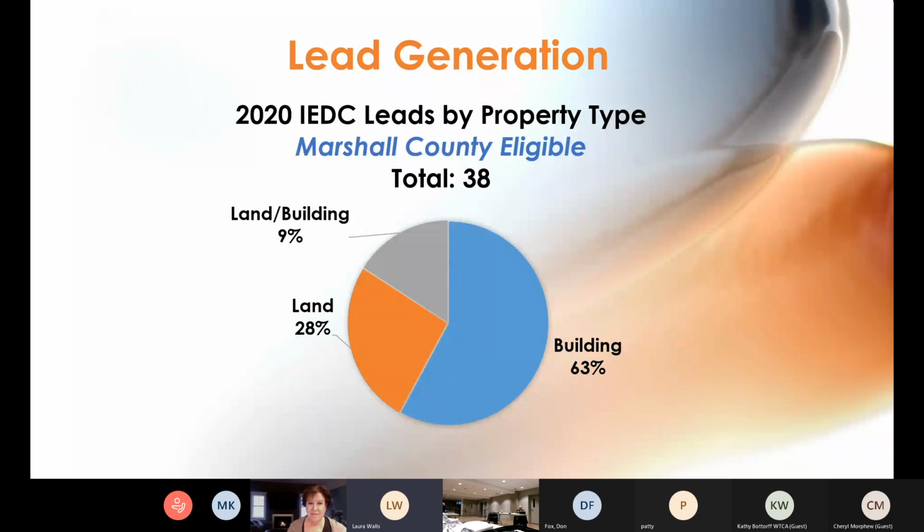I'm very sorry to chime in, but I can tell you, Lee, that the Marshall County EDC does track all our leads. We report to the board of directors on a monthly basis how many leads we had from the state, and how many leads were generated from other sources, either the regional partnership or self-generated leads.